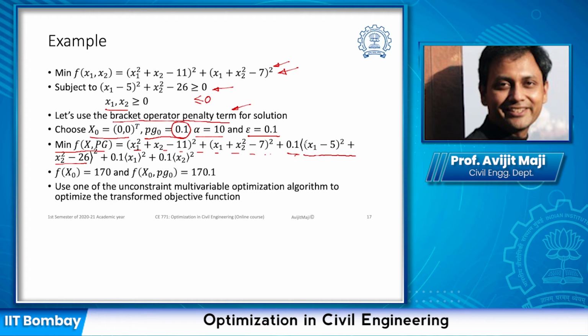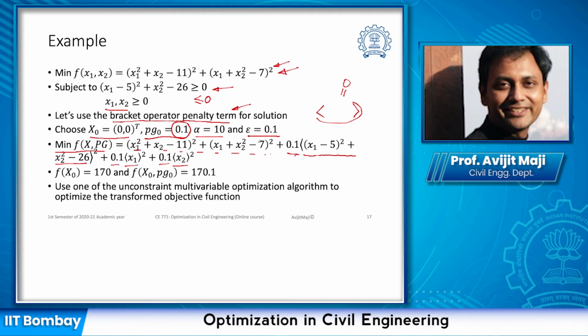This particular sign means that whenever it violates, we'll be using this value, whatever we obtain. If it does not violate, it is going to become 0. We also have the constraint for each design variable, so the penalty parameter is multiplied by the penalty term for this.